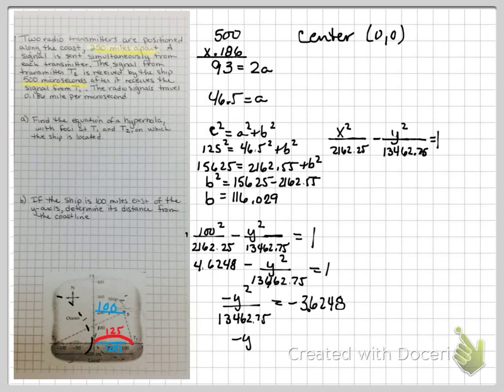And I get negative y squared equals negative 48,799.9393. Move our negatives, and then we square root.